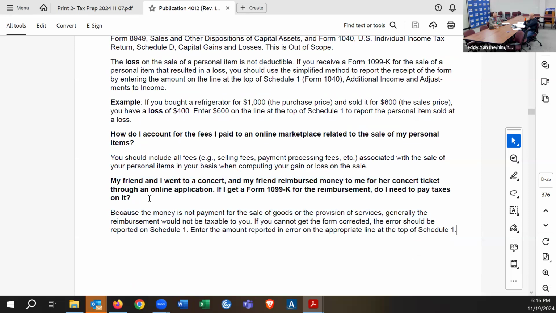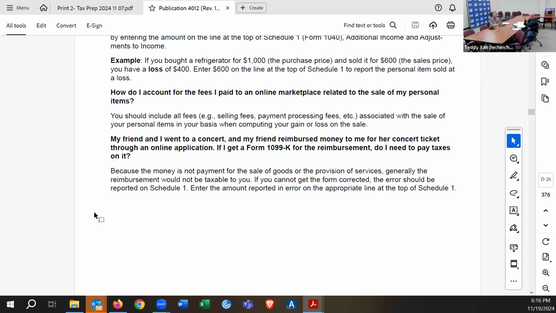My friend and I went to a concert, and my friend reimbursed money to me for her concert ticket through an online application. If I get a Form 1099-K for the reimbursement, do I need to pay taxes on it? And the IRS outright says, because the money is not payment for the sale of goods or the provision of services, generally the reimbursement would not be taxable for you.